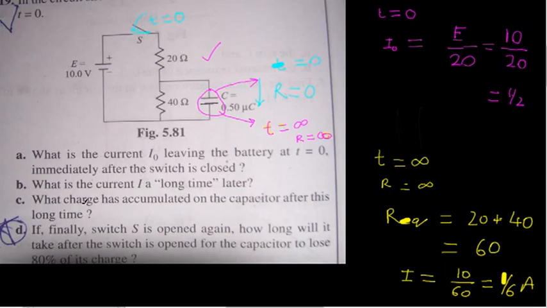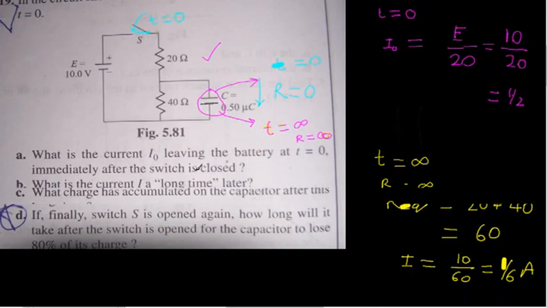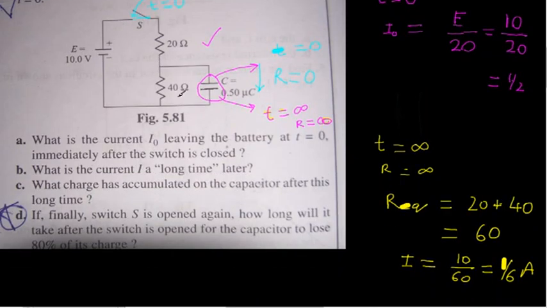What charge has accumulated on the capacitor after long time? After long time, what will happen here? Here you will have some potential drop, right? At t is equal to infinity, we'll calculate the potential difference at this point.